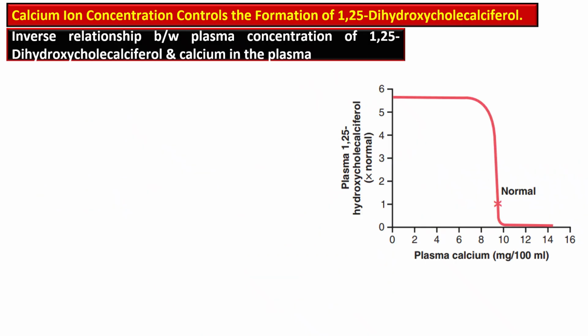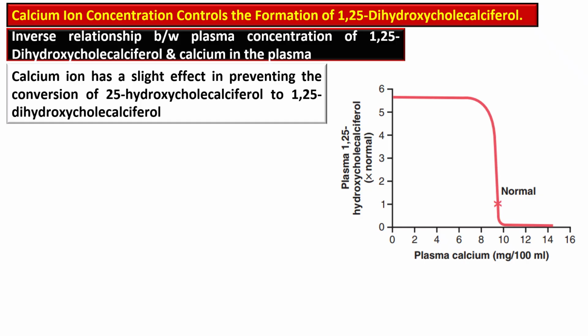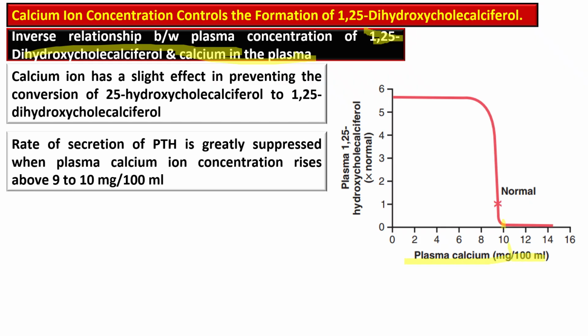So there is an inverse relationship between plasma concentration of 1,25-hydroxycholecalciferol and calcium in the plasma. As this calcium is increased, the 1,25-hydroxycholecalciferol becomes decreased in the plasma.